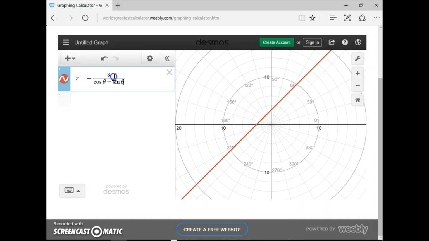Y equals x minus 3. Oh, wait a minute. I didn't type that in right, did I? It's sine, is it sine theta minus cosine theta? Is that the same thing?